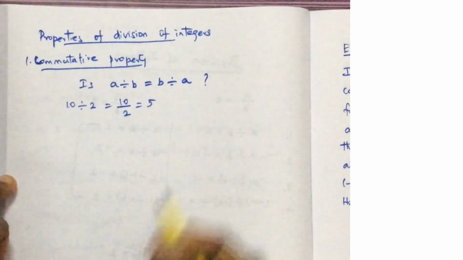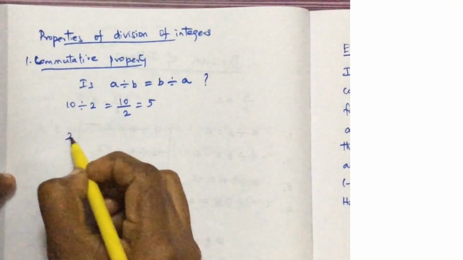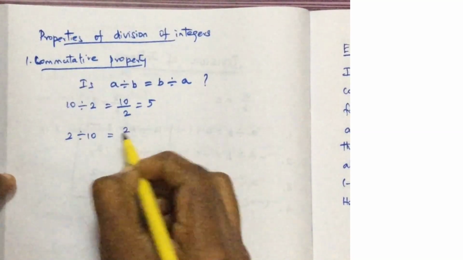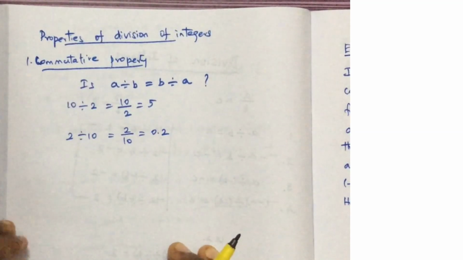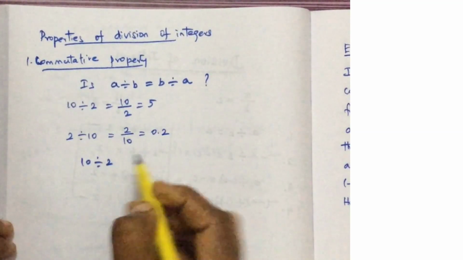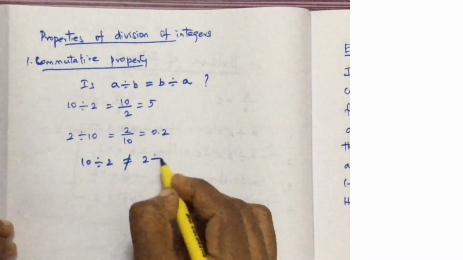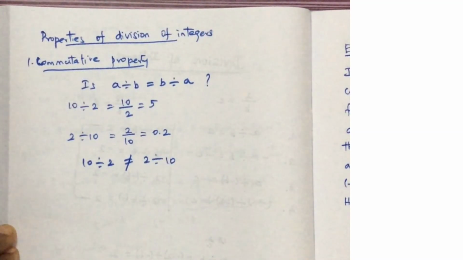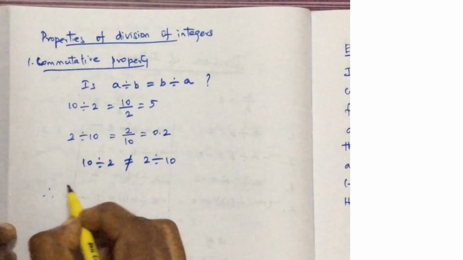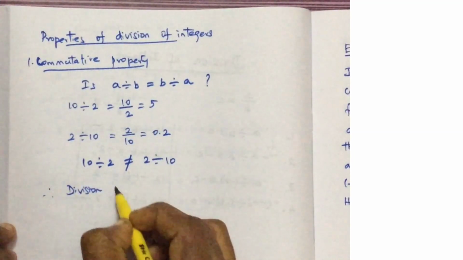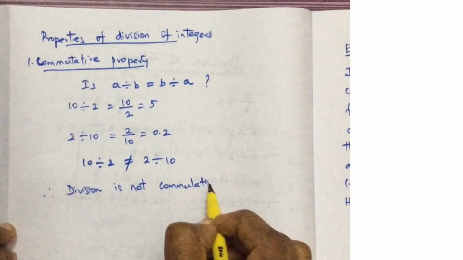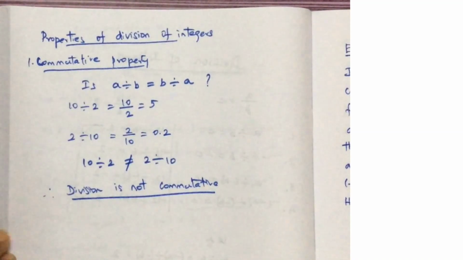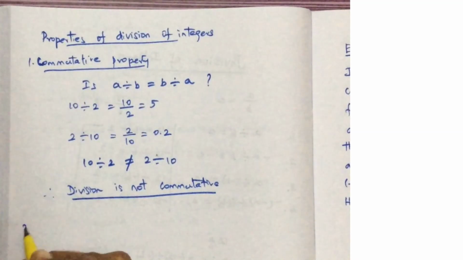That is 5. The same thing, 2 divided by 10, will be 0.2. Which means 10 divided by 2 is not equal to 2 divided by 10. Therefore, division is not commutative.